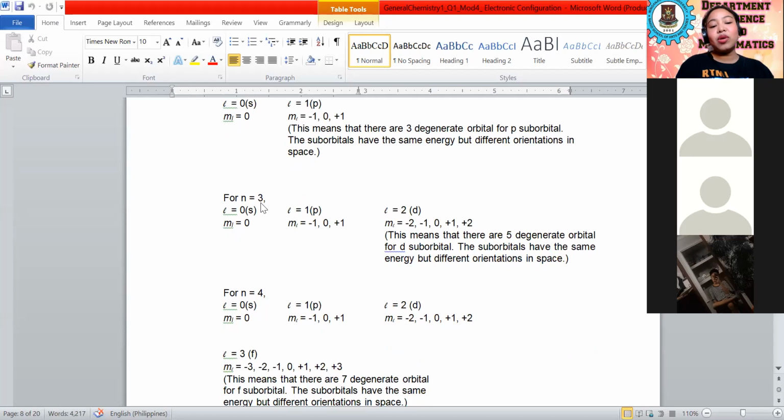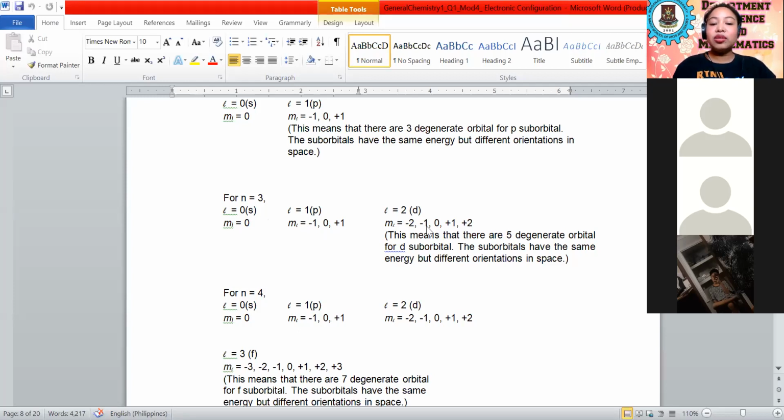For n is equal to 3, it has 3 rooms: 0 or S, 1 or P, 2 or D. For L is equal to 0, we only have 1 ml, or magnetic quantum number. For L is equal to 1, we have 3. For L is equal to 2, we have -2, -1, 0, +1, and +2.